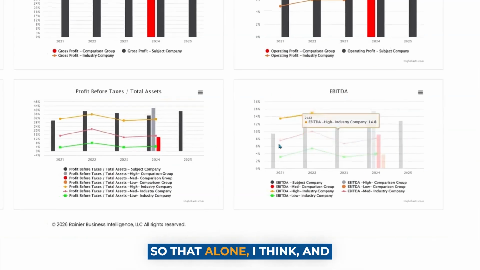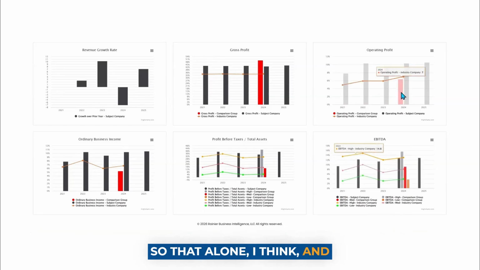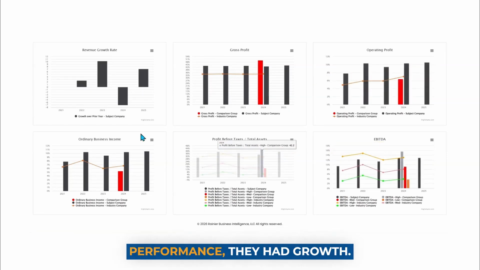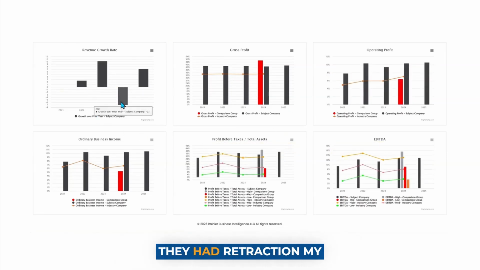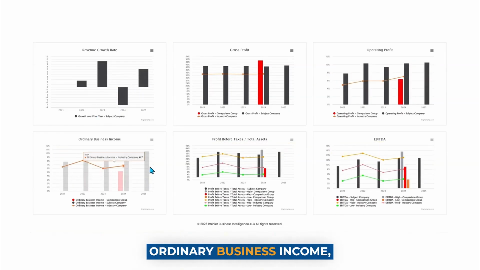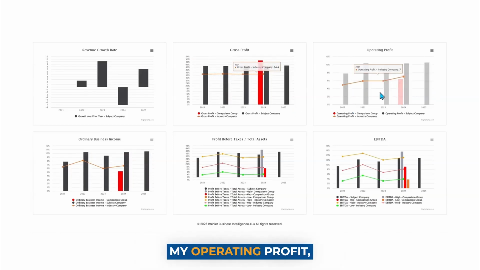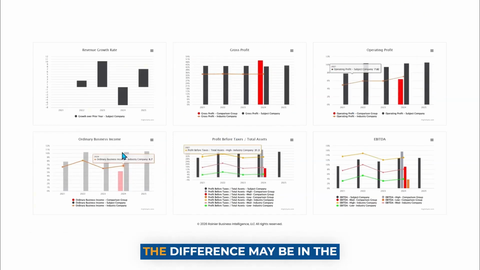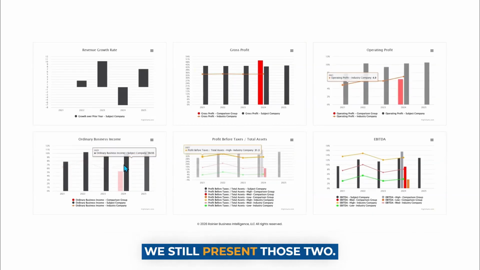So that alone, and in combination with other performance, they had growth, they had retraction, my ordinary business income, my operating profit, which is very similar. The difference may be in the industry regarding interest expense or other income, but we still present those two.